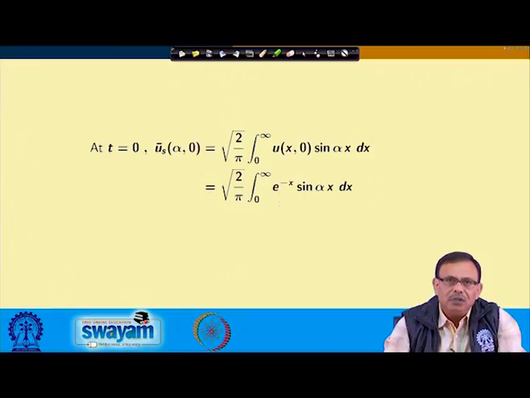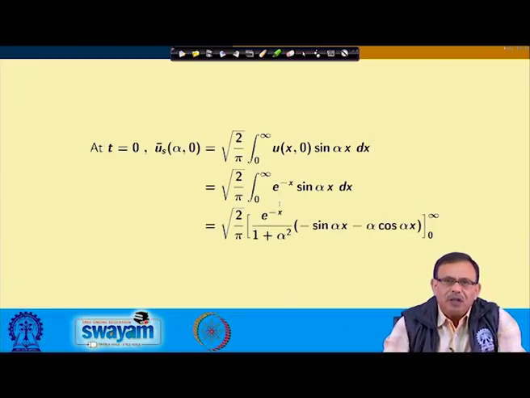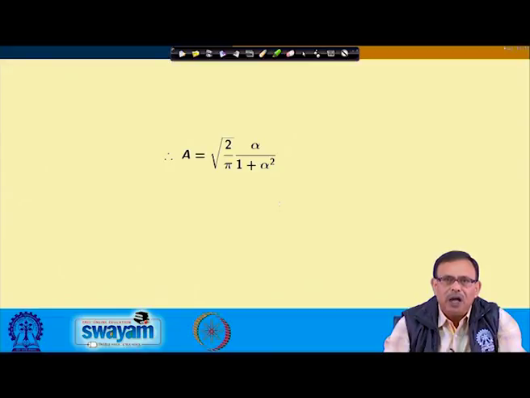So, I am replacing it with e power minus x, then just integrate it, because it is of the format e power minus a x sin b x. So, direct results I can put, and once I put the limiting values of x from 0 to infinity, ultimately I will obtain root over 2 by pi into alpha by 1 plus alpha square. So, once I obtain this, if I put it in the last equation, I can obtain the value of a as root over 2 by pi alpha by 1 plus alpha square.